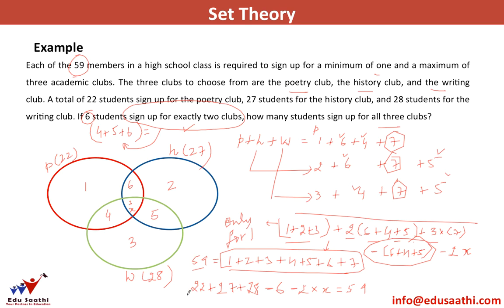So let's calculate this. 22 plus 28 is 50, plus 27 is 77. 77 minus 6 is 71.